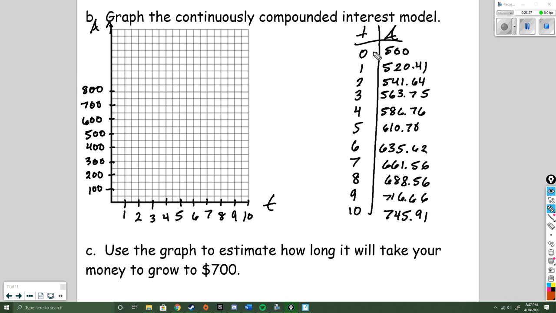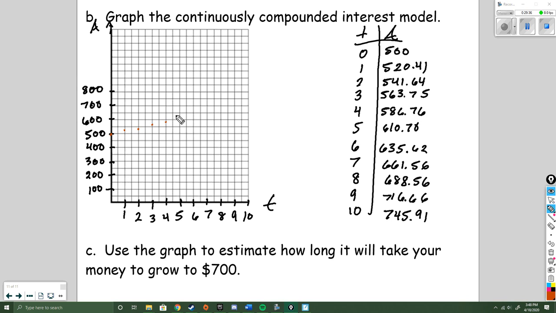So at 0, we're at 500. About 520. 541. 563. 586.